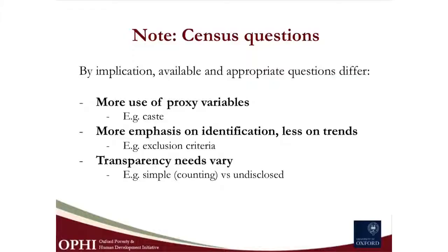And so here are some examples. You may, therefore, in the measure, use a proxy variable. In India, it's very well known that the scheduled tribe group tends to be much poorer than other groups. It's relatively easy to verify or to know the scheduled tribe classification.